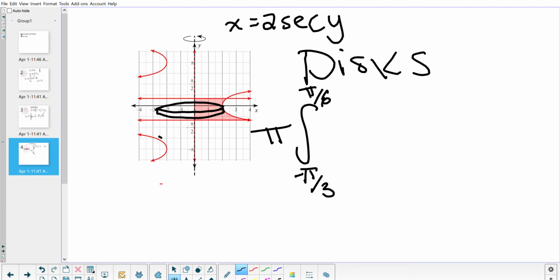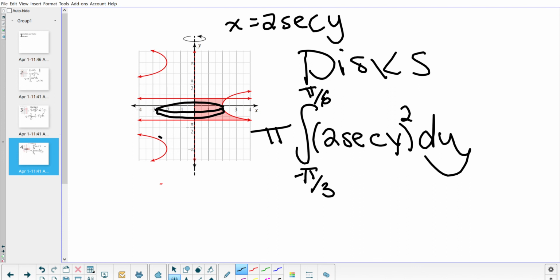And then my radius is going to be 2 secant of y, the x value, 2 secant of y. And then my height is the change in y, dy. Then you plug that into your calculator and you should get 29.021.